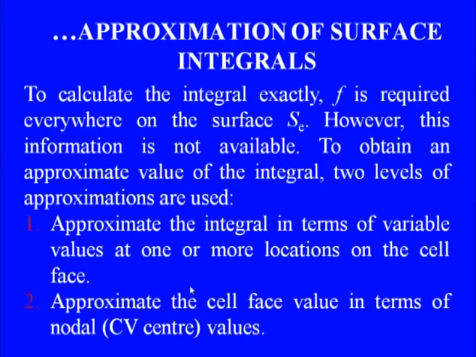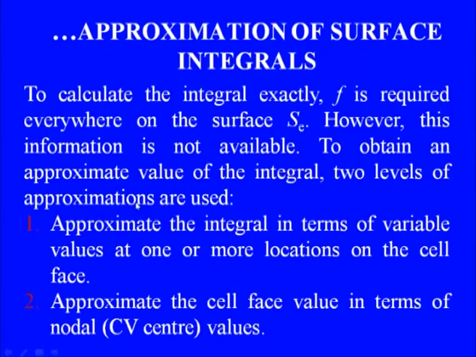Those are available and those are the ones which will come in the final discrete algebraic equations. So now let us approximate the cell face values in terms of our values at computational nodes or CV center values. These are two levels of approximations involved in evaluation of all the integrals.